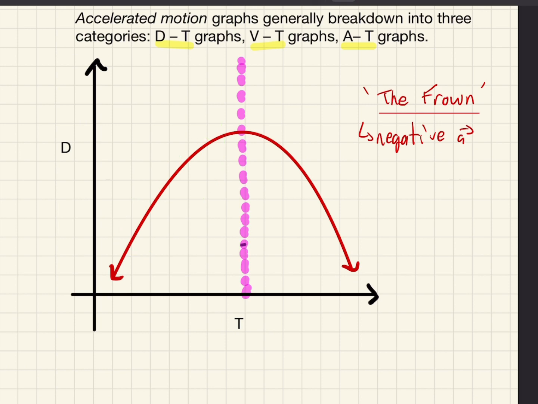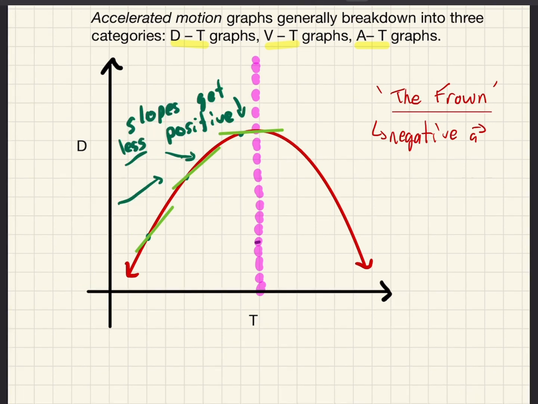Now, much like in the previous, if I were to take random points along the curve and, like I did previously, draw tangent lines that pass through the points, I would see that my slopes get smaller and smaller once again. And what we mean when we say that is that they get less positive.